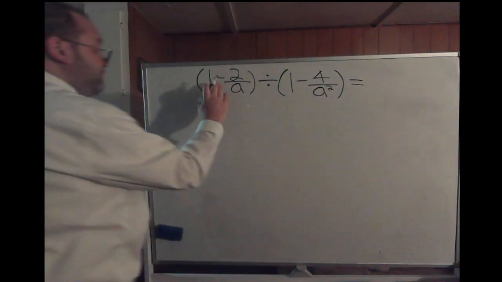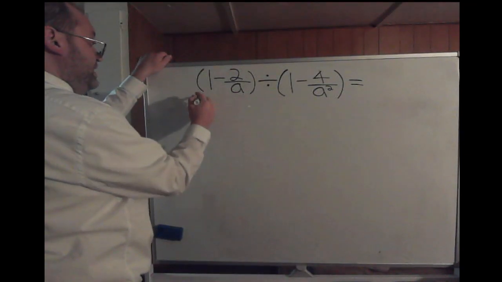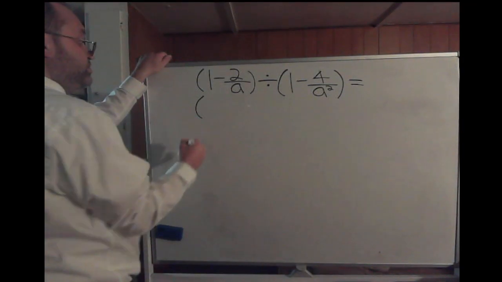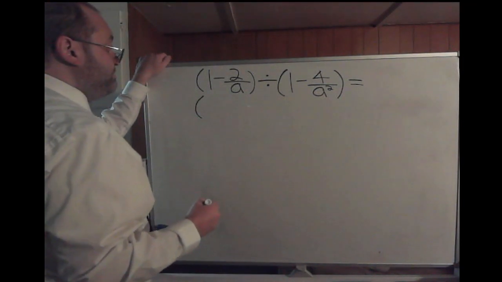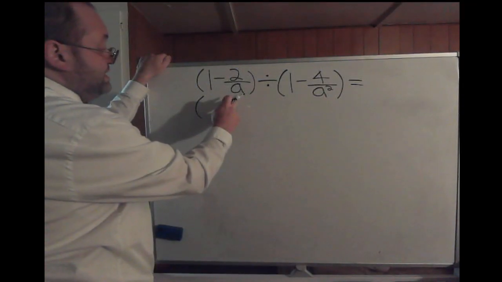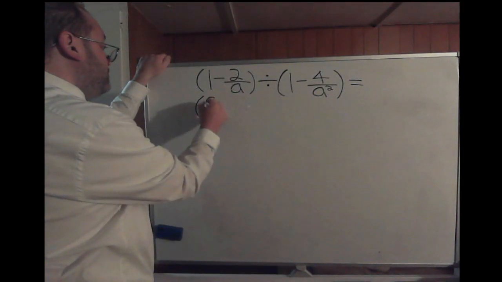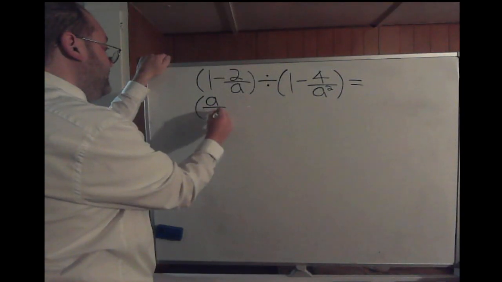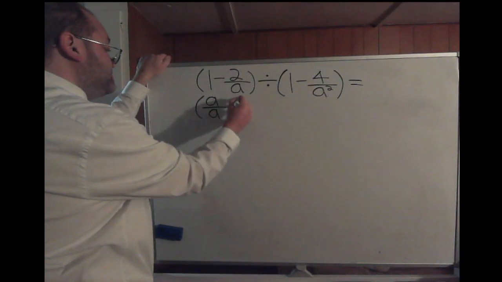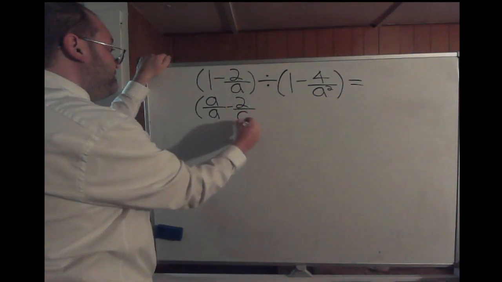Let's start with your first set, 1 minus 2 over a. You need to establish a least common denominator. Well, the least common denominator would definitely be a. For 1, you would end up getting a over a minus 2 over a.